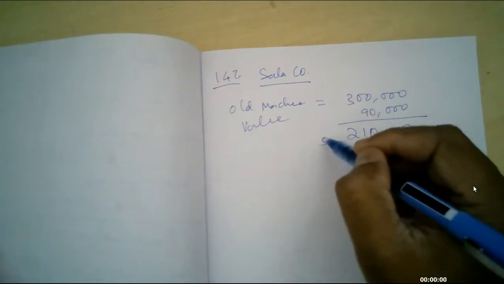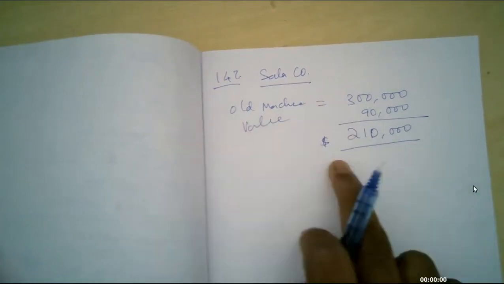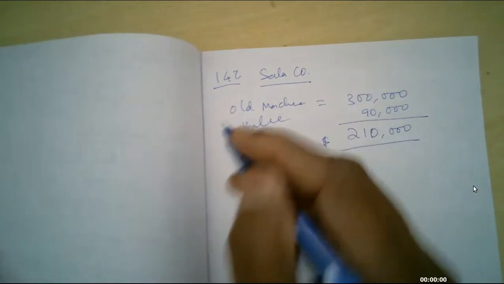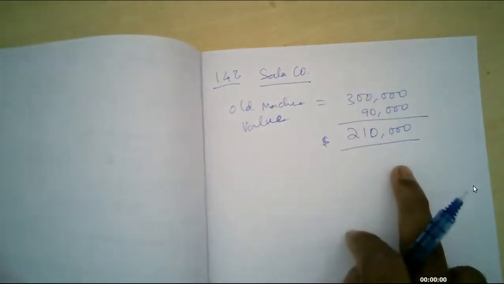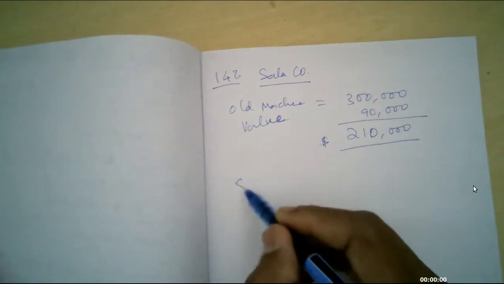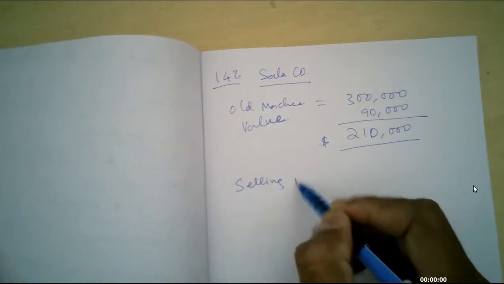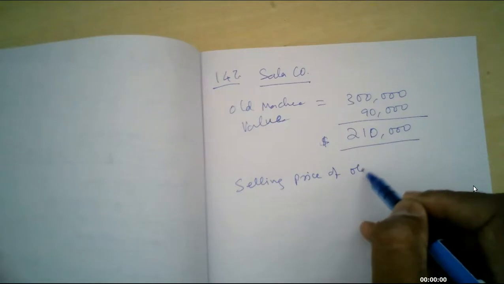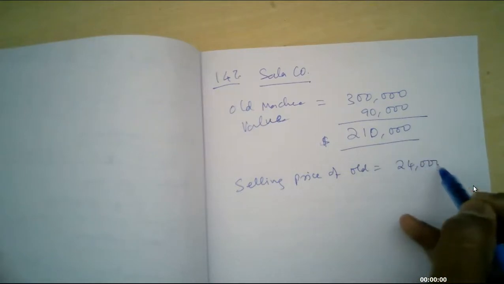So this is the present value of the old machine. Next, remaining useful life. Actually, useful life is zero because 10 years have already passed. Operating cost is given, but right now it should not be considered. So the old machine is replaced. It can be sold for only $24,000. So the selling price of the old machine is $24,000 only.